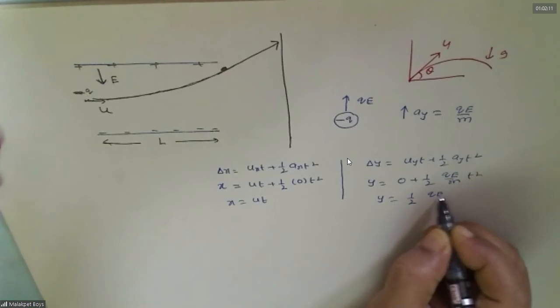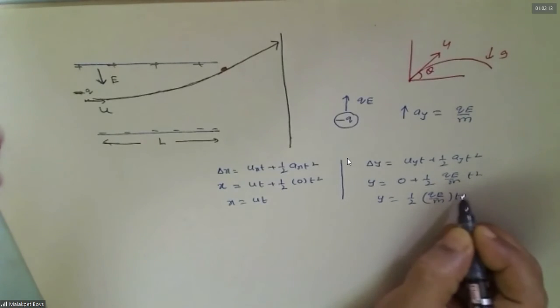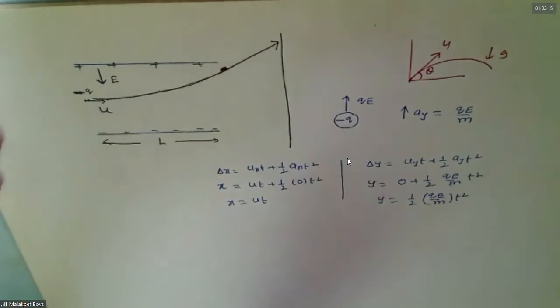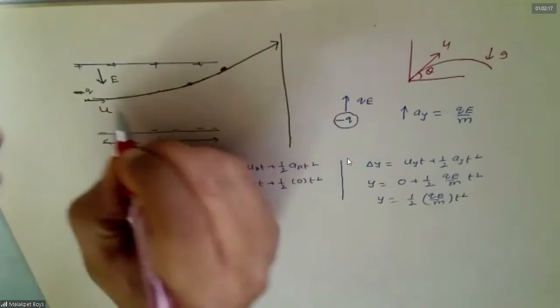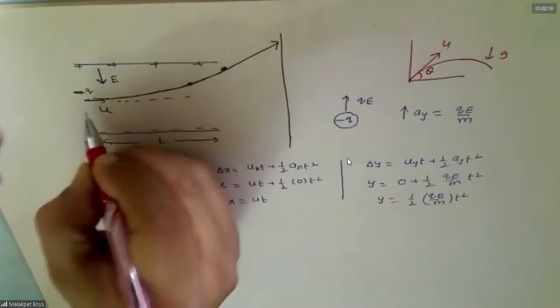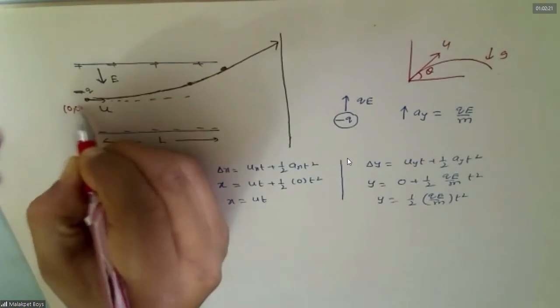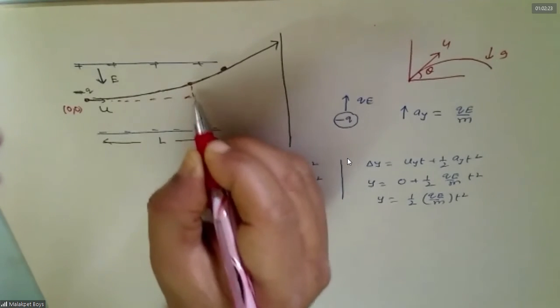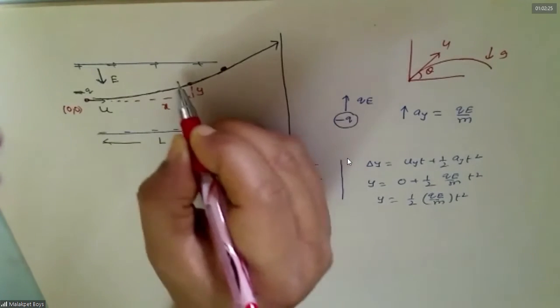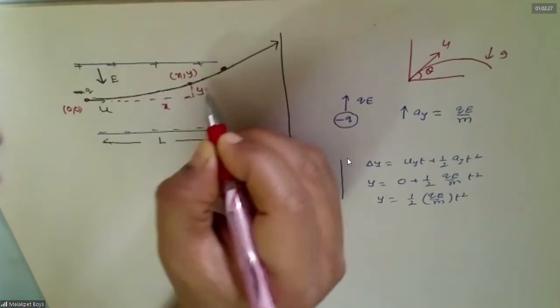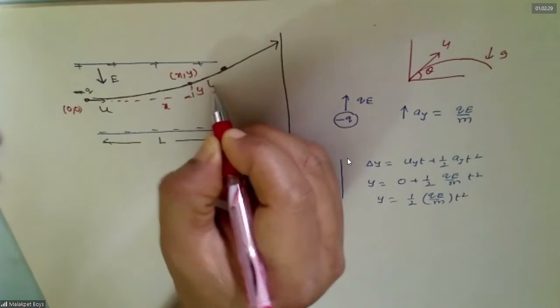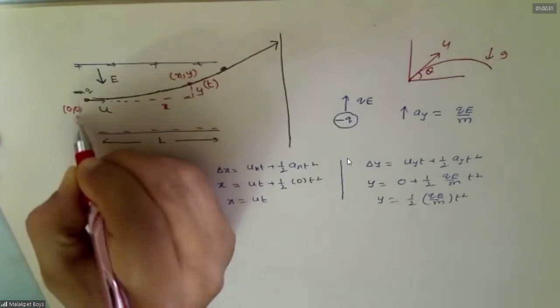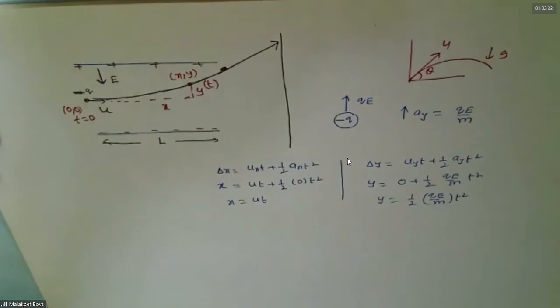Till here, any doubt is there? No doubt, sir. That means at any point, this is supposed to go like this. If I take this as the origin, then you have this as y, this as x. So this is the point x comma y at time t. This is at t equals 0. Understood this? Yes, sir.